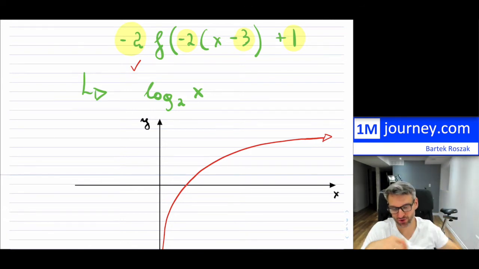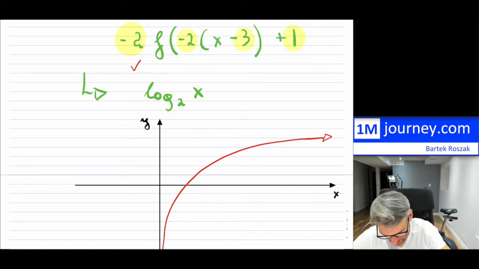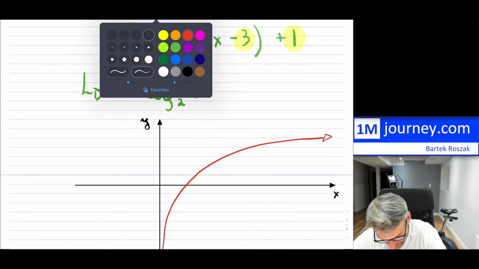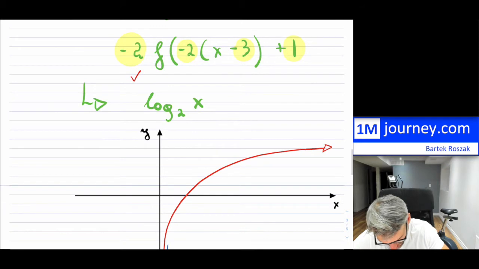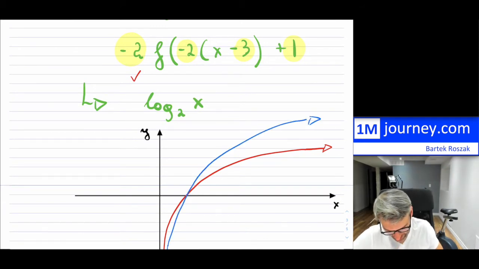It's going to stretch this out in the y a little bit. So it's going to kind of look like that. I'm going to stretch it out more like this. That's the 2.